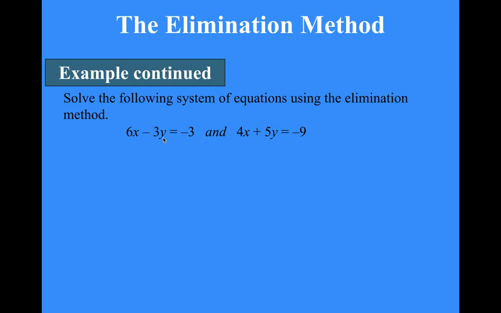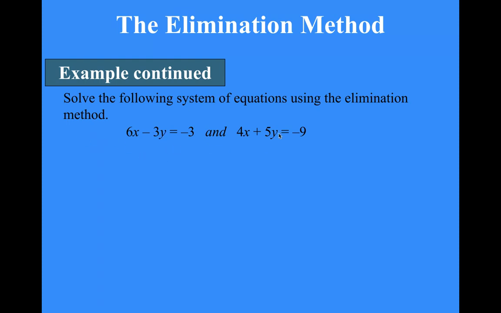Why am I going to eliminate y? Because they're already opposites. I have a negative here and a positive here. I just have to manipulate the equations so that I can change this 3y and this 5y so that I get a common number, okay, that are opposites of each other. So what am I going to do?